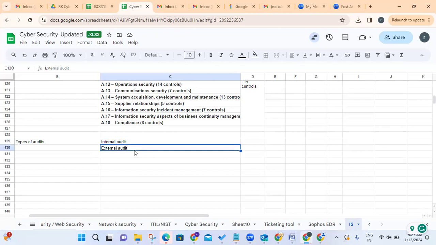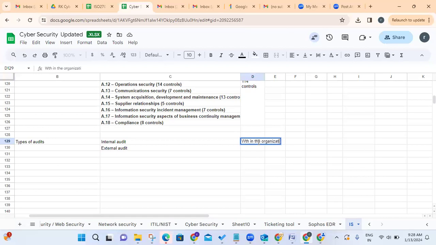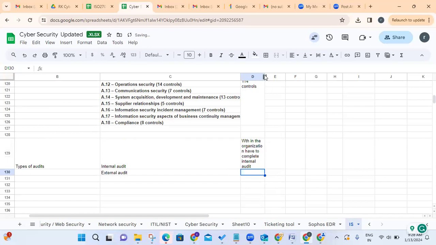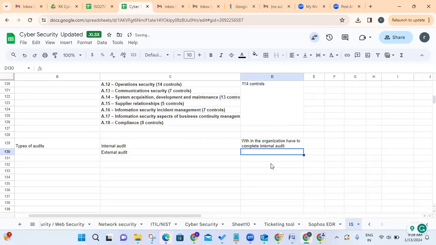External audit will be conducted by a third party.